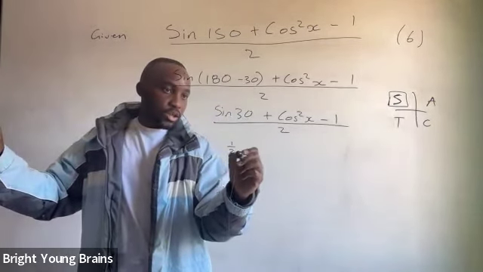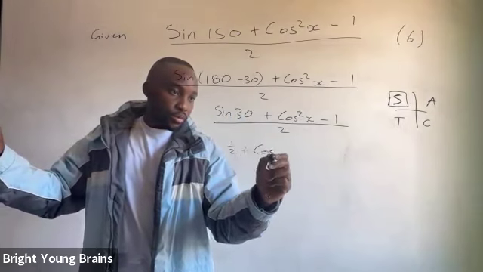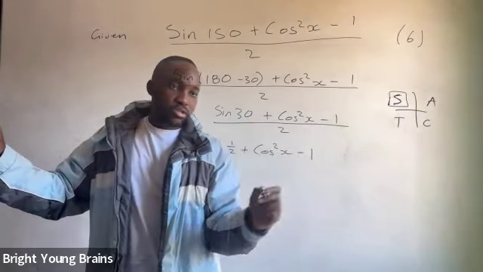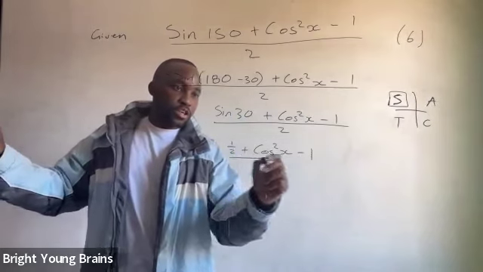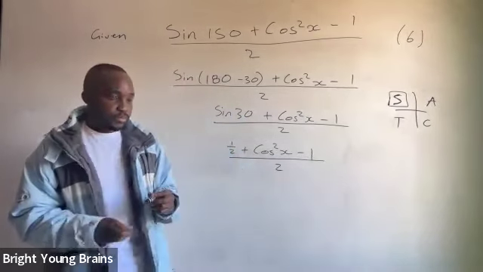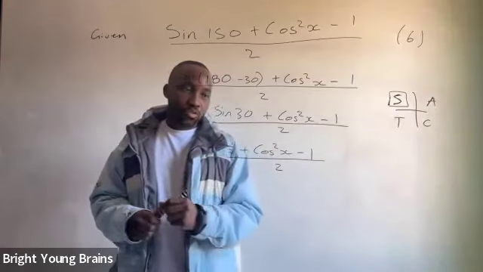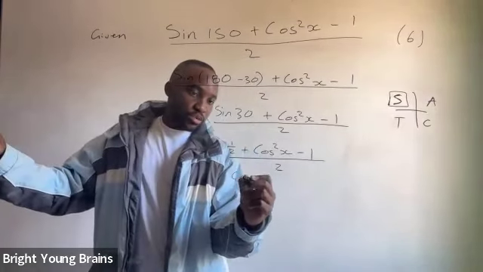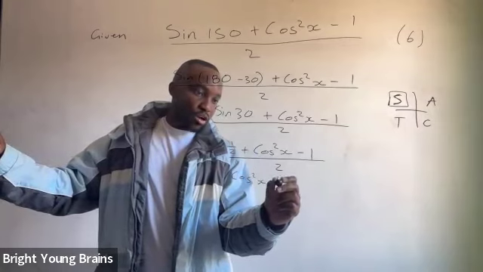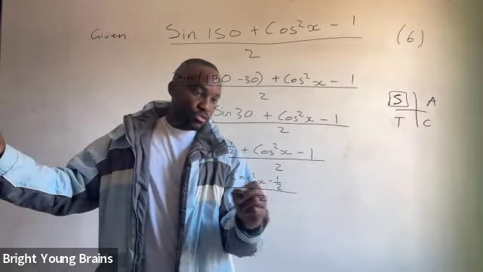The next step, we can have a half here plus cos squared x minus 1. The whole thing is still over 2. What we want to take note of is that a half minus 1 will just be negative a half.